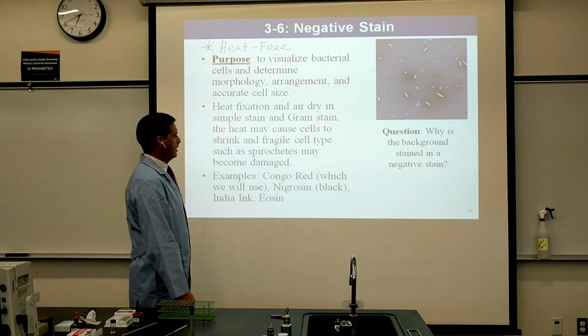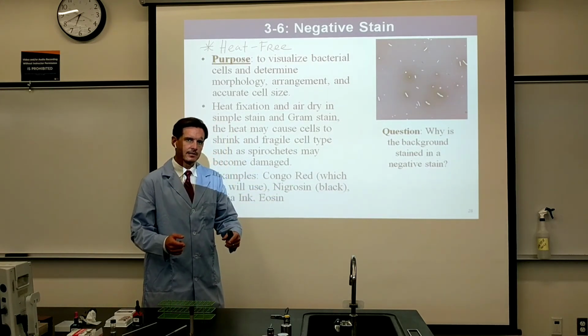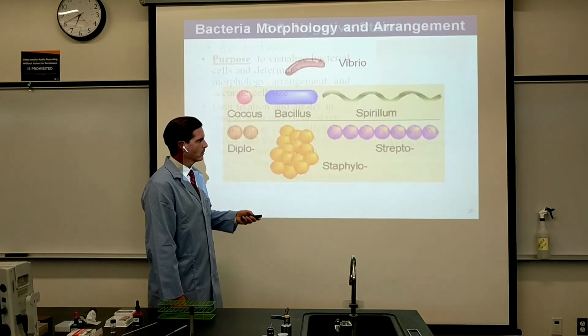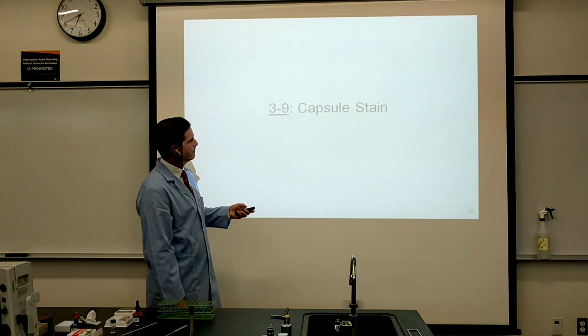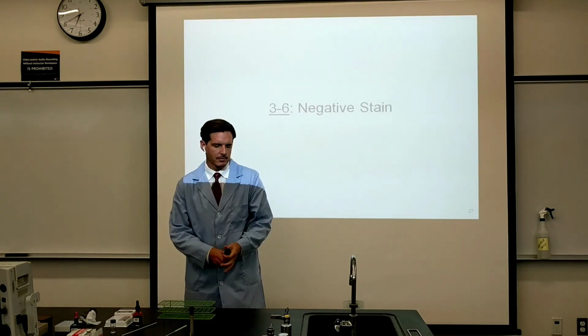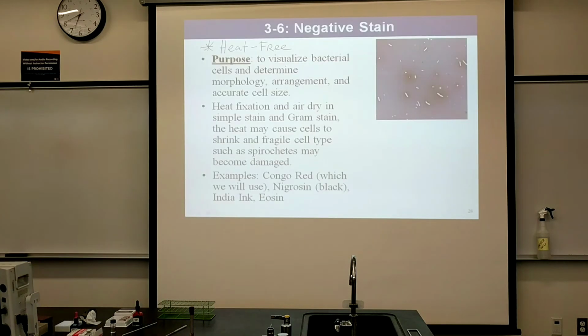Now, guys, what is it about negative stains that are opposite to simple stains? I don't have a diagram. Let's just make a little diagram right here, understanding that these dyes all have the same thing in common.